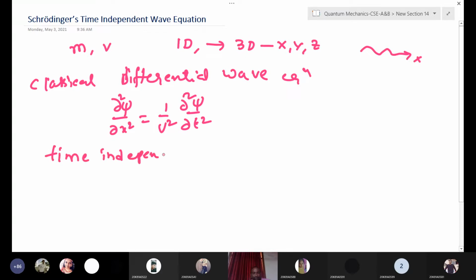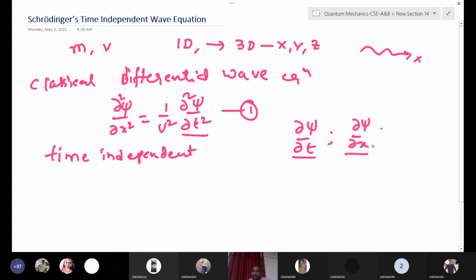Looking at this equation, I am asking one question: what does dou psi by dou t, or dou psi by dou x, mean? Differentiation. Yes, differentiation with respect to time and with respect to x. Yeah, right, that's good.